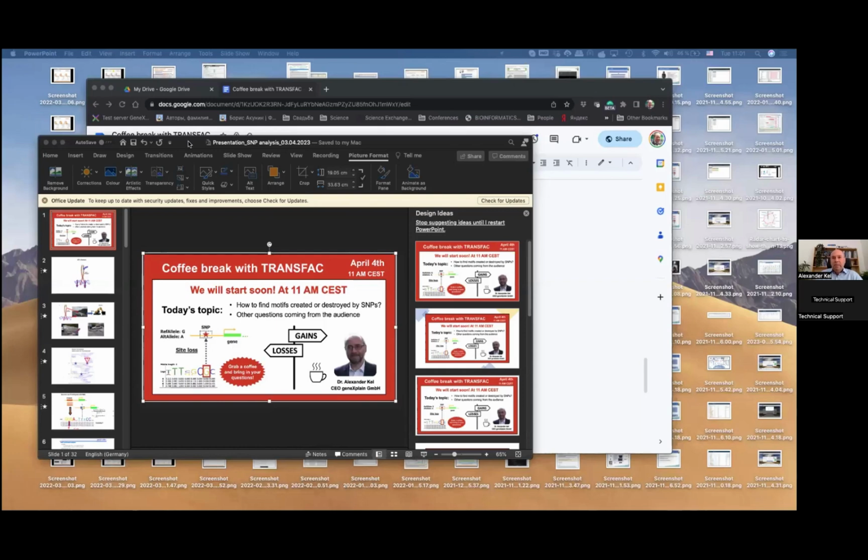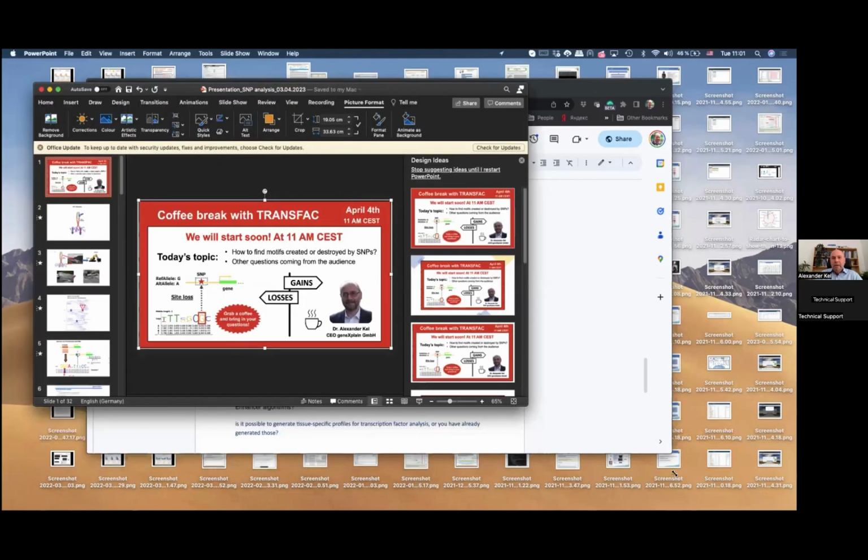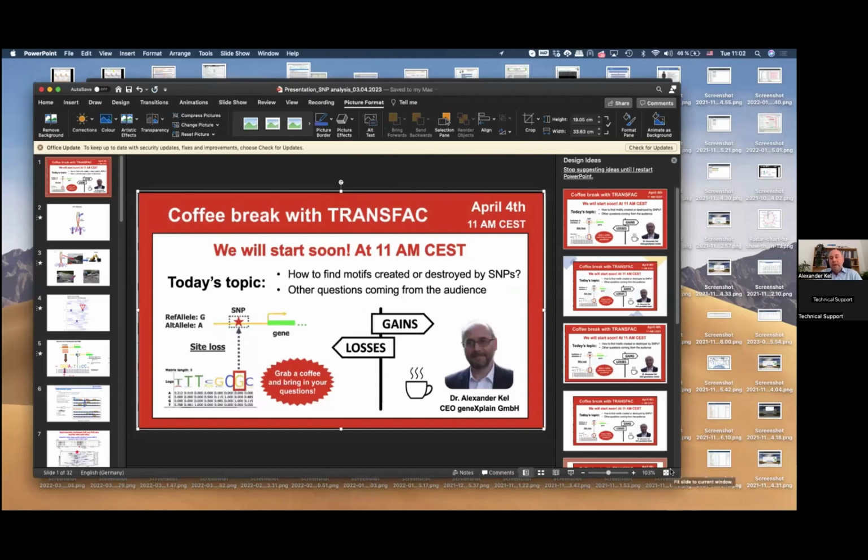Basically, people are analyzing SNP data, SNPs, and the question is how we can use TRANSFAC to analyze those SNPs, how we can find motifs which are destroyed or created by SNPs, and why should we do that, and what does it bring to us? So what are we losing, what are we gaining when we get the SNPs.